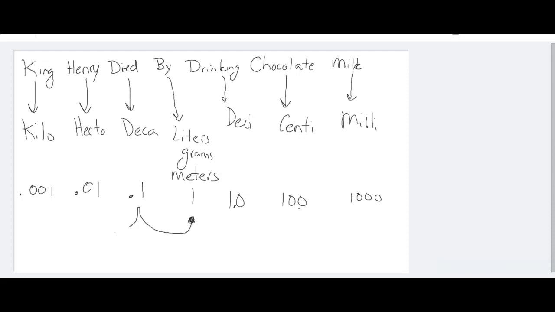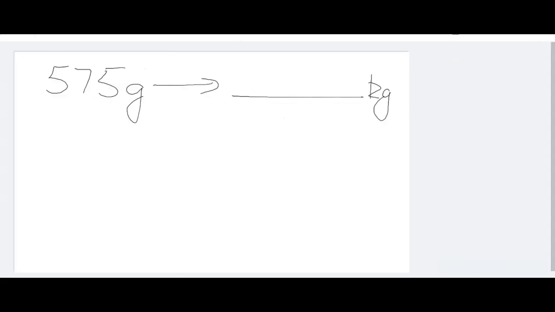I'm going to go once, twice, 3 times to the left. You would end up with, here's the decimal point, once, twice, 3 times, and you would end up with the answer 0.570 kilograms.